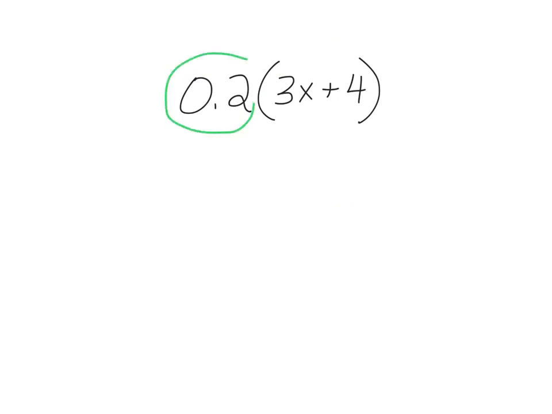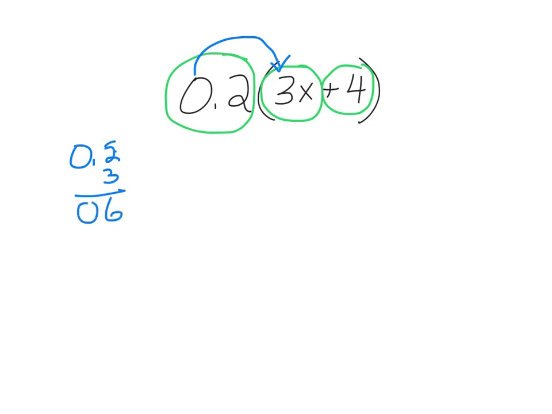Okay, let's recognize what we have. We have a 0 and 2/10, 3x, and a positive 4. 0 and 2/10 times 3, I'm just going to do this on the side. That's 6, 0. There's one spot after the decimal. Move it over 1. That's 6/10 x.